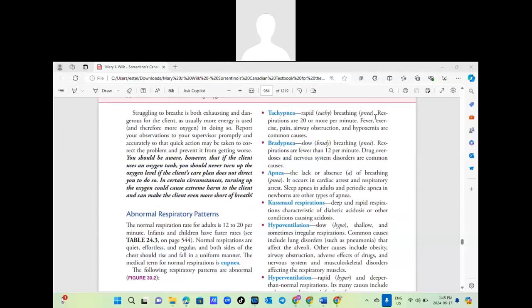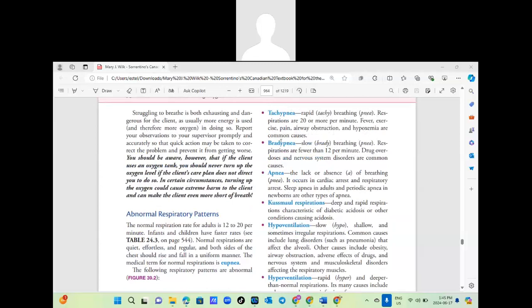Tachy means rapid, pnea is breathing. So respirations again are 20 or more per minute. Fever, exercise, pain, airway obstruction, and hypoxia are common causes of rapid breathing or tachypnea.